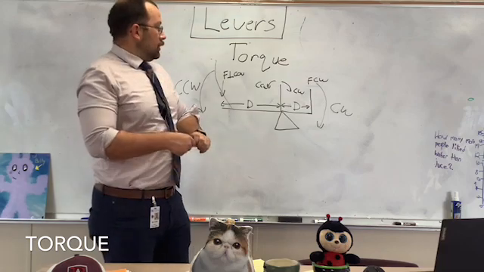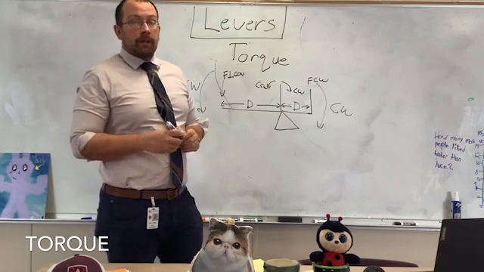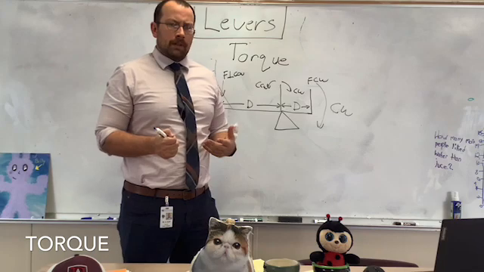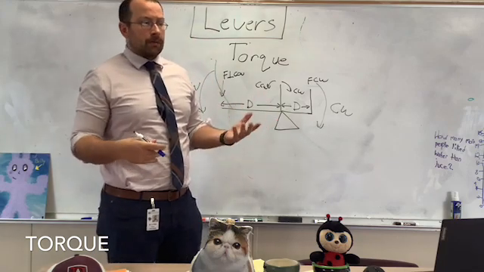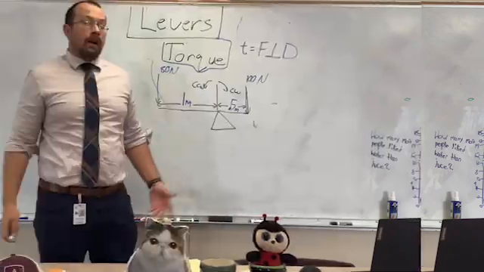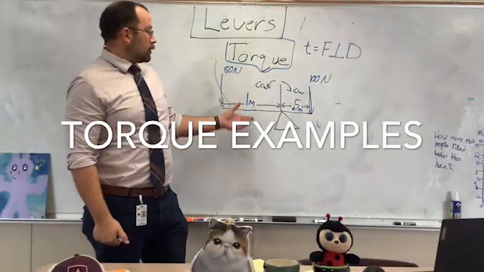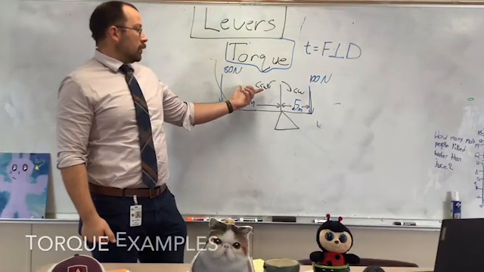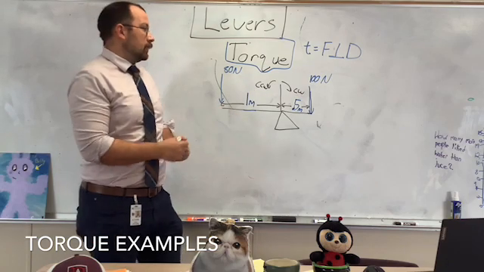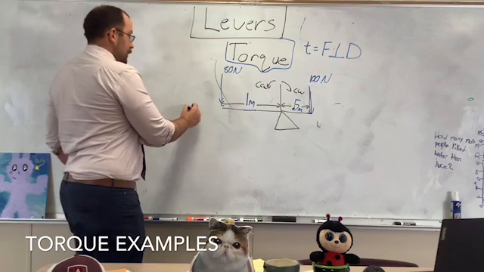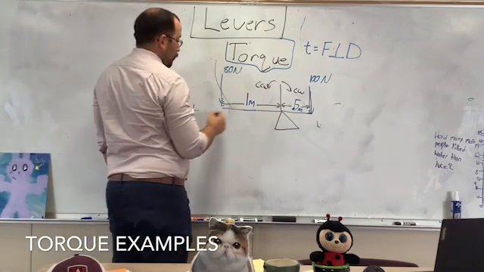All right? So now I'm going to do an example to show you this when one side's greater than the other side and when they're balanced. The first one we're going to do is figure out how much torque there is for your counterclockwise. I wrote my silly formula up there.